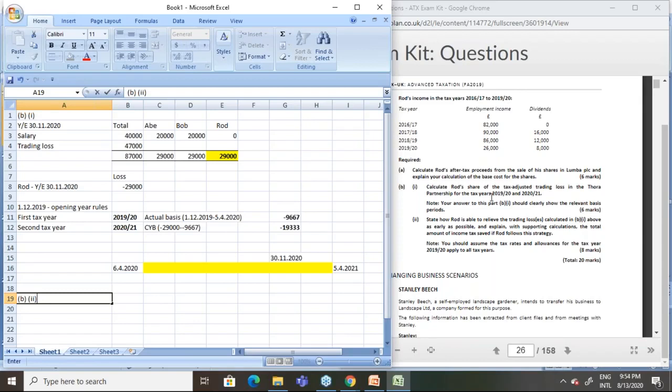In that case, the best relief available out of the reliefs that I mentioned, they are carry forward relief, relief against total income of the current year and or the previous year, relief against chargeable gains of the current year and or the previous year, and the special opening year relief where you can carry back not just 12 months but 3 years to set off against total income. So out of the reliefs that I mentioned, the most suitable relief is opening year relief.